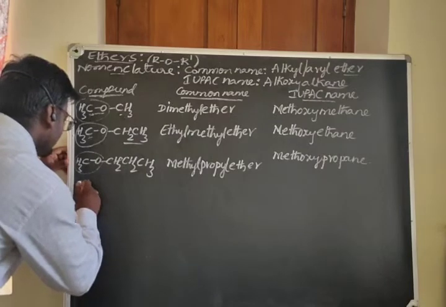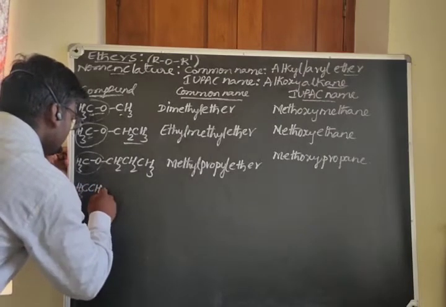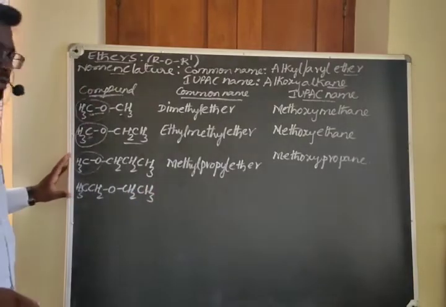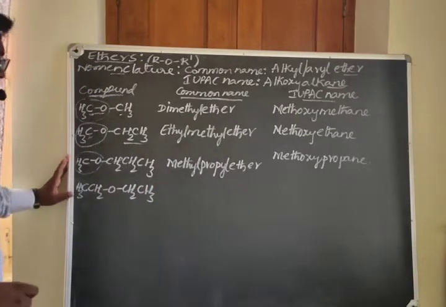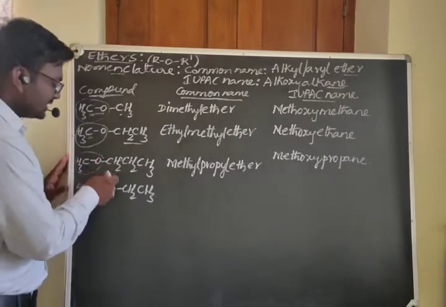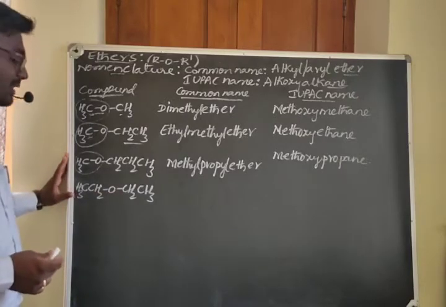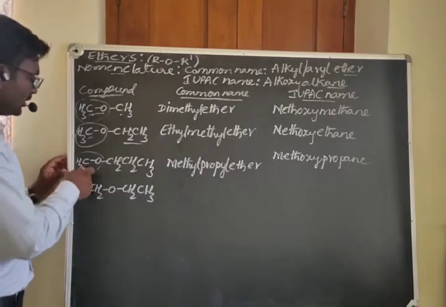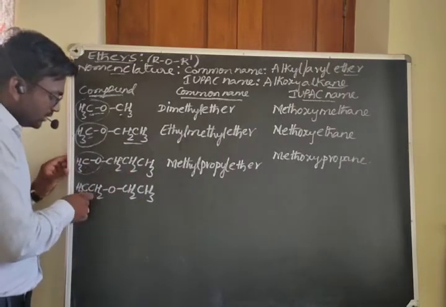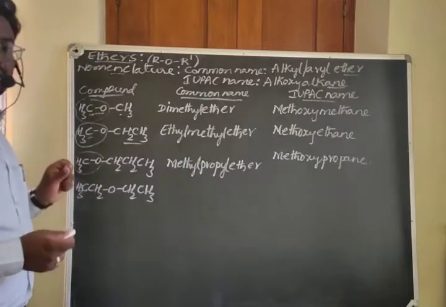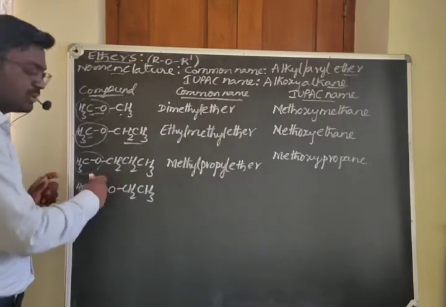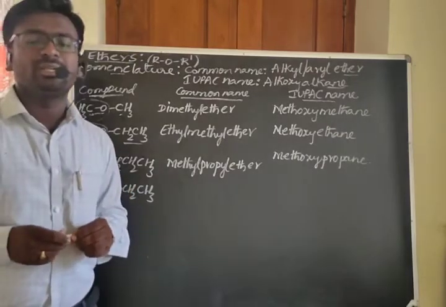Come to the isomer of this compound. Let's take CH3CH2OCH2CH3. These two are isomers because they have the same molecular formula and the same functional group. Then what is the difference? Here you have one carbon atom on one side and three carbon atoms on the other. In this one, two carbon atoms and two carbon atoms. Isomers with different alkyl groups are said to be metamers.